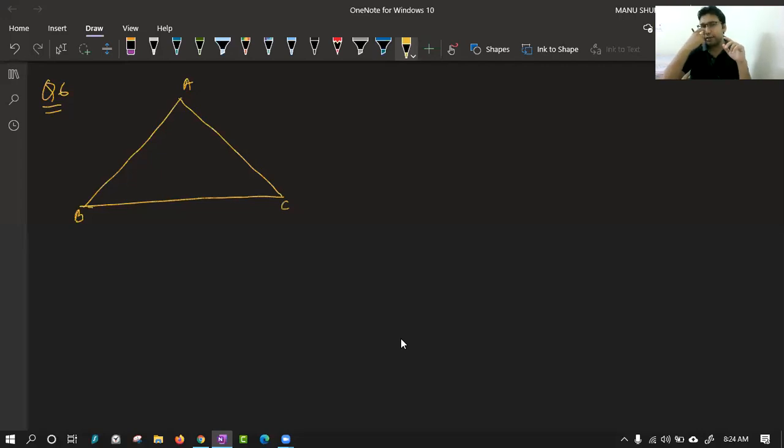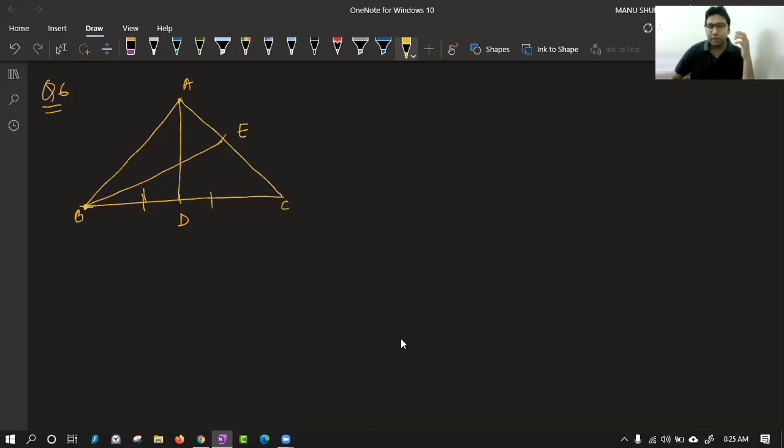In special cases it is possible, but normally a median means a line joining a vertex of the triangle to the midpoint of the opposite side. If this is the midpoint and we join this AD, we can say this is a median. Similarly, if I join vertex B to the midpoint of the opposite side, suppose it is E, then this is a median.